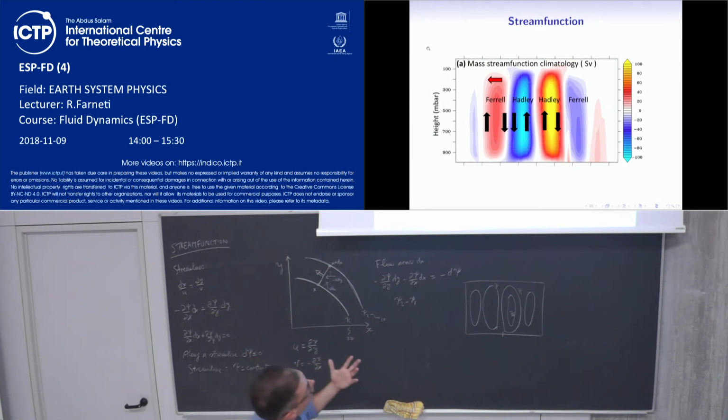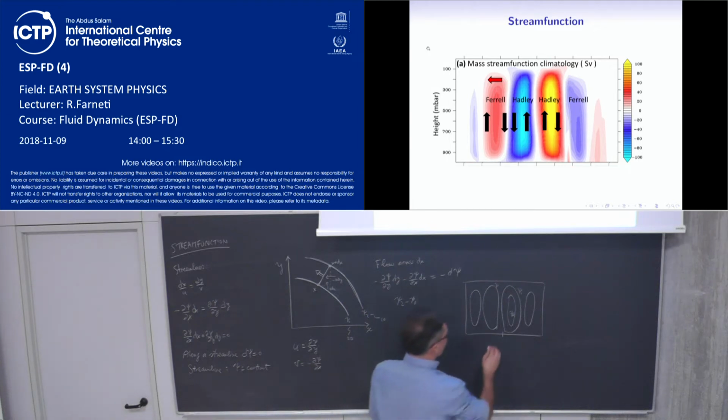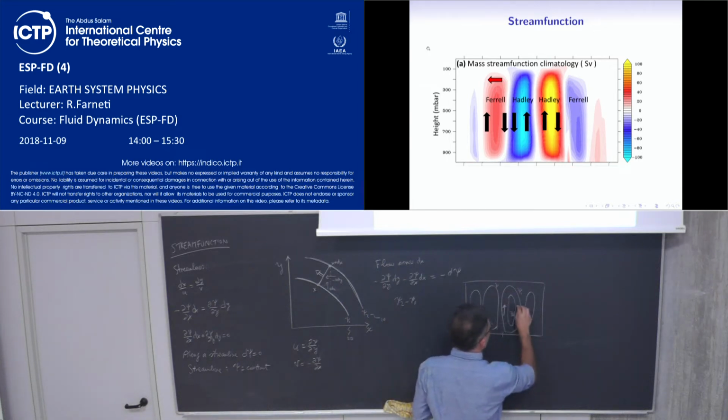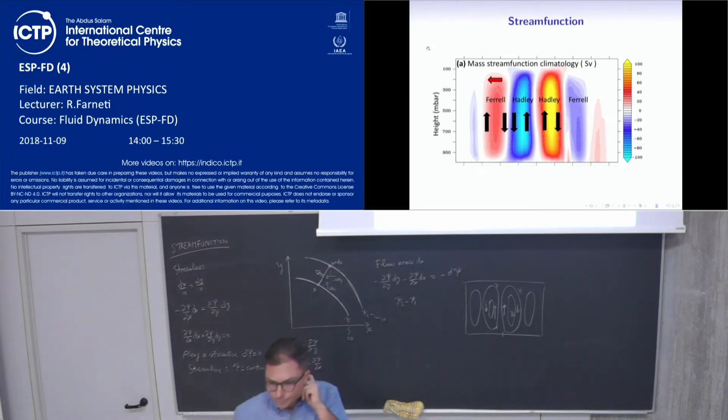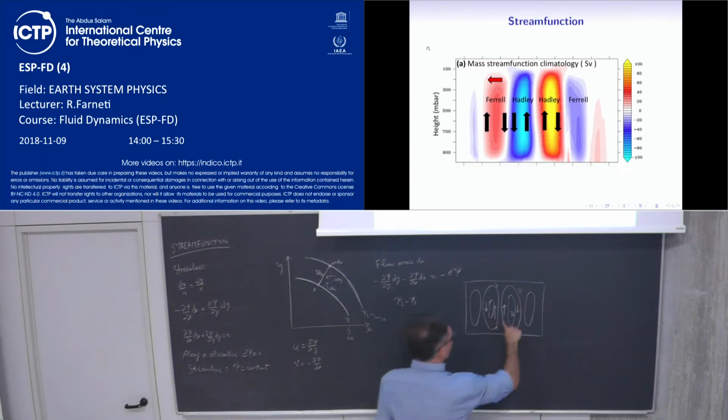Now you have those stream functions, and every closed stream function has a numerical value associated with it. Okay. So you know what is the flux in between the stream functions, and given the sign convention, you know which way the flow is circulating along the stream functions.